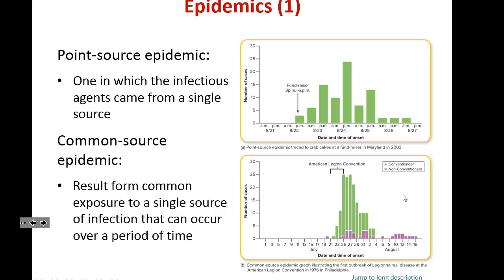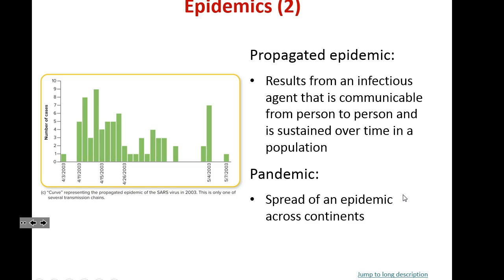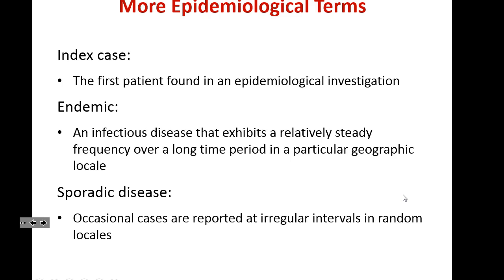Death. It measures the number of deaths in a population due to a certain disease. Point source epidemic, one in which the infectious agent came from a single source. Common source epidemic results from common exposure to a single source of infection that can occur over a period of time. A propagated epidemic results from an infectious agent that is communicable from person to person and is sustained over time in a population. A pandemic is spread of an epidemic across continents, often worldwide.